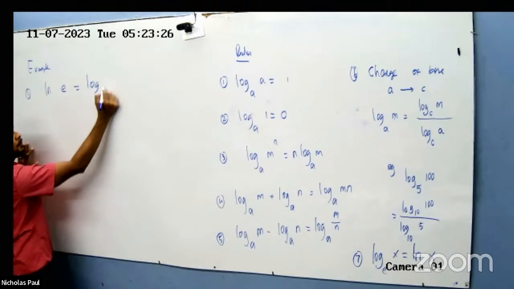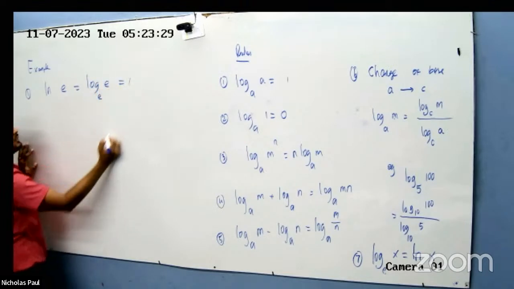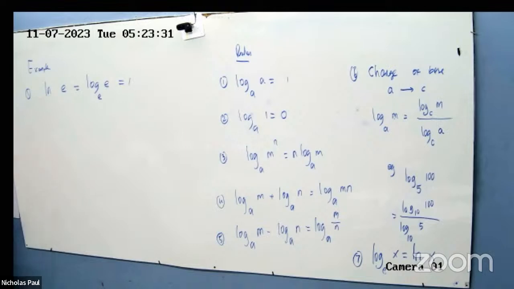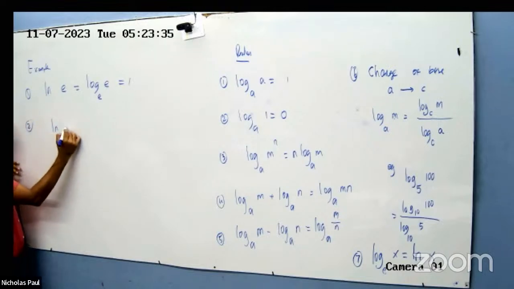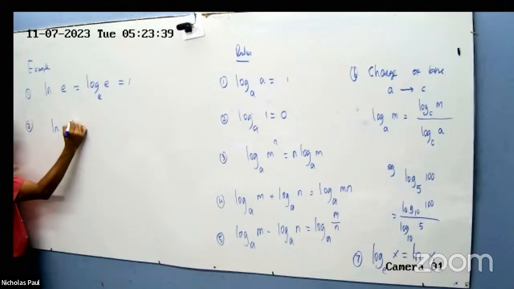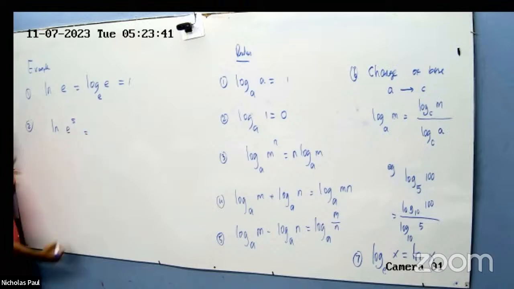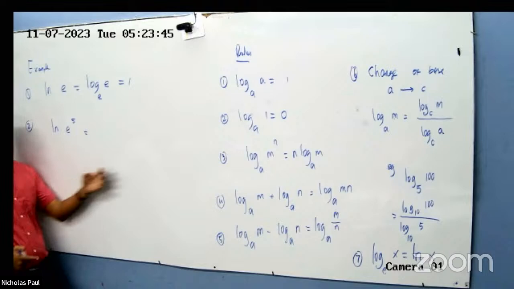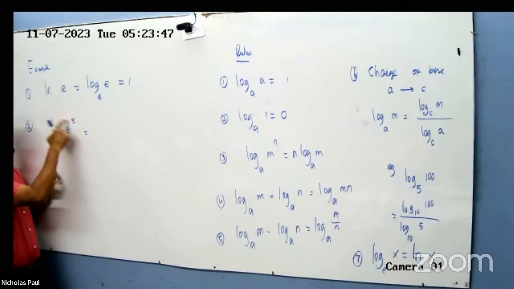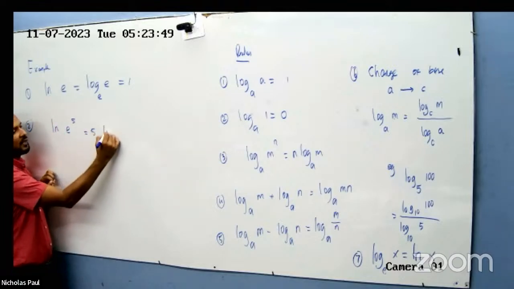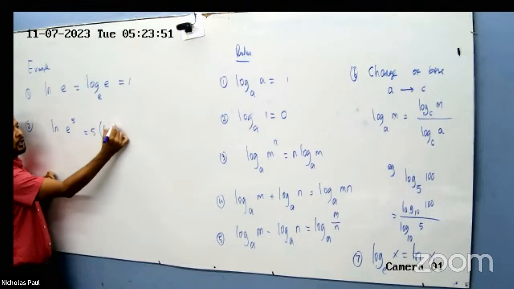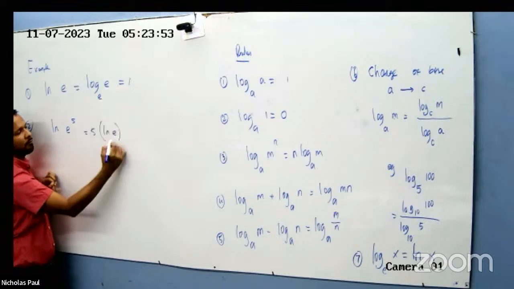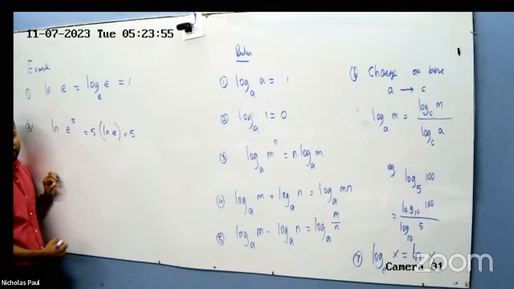So log to the base e of e is 1. Nice. Okay. What about ln e to the 5? What will that be? This 5, I can use the power rule. This 5 comes in front and it will be 5 ln e. And we know that ln e is what? 1. So the answer is 5.